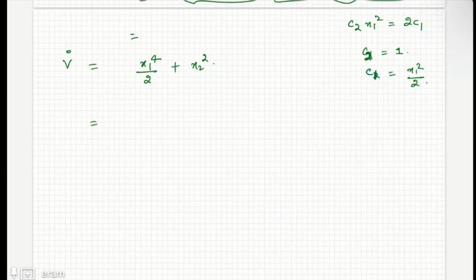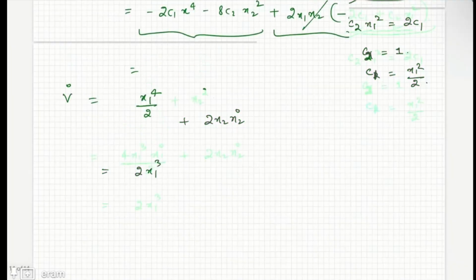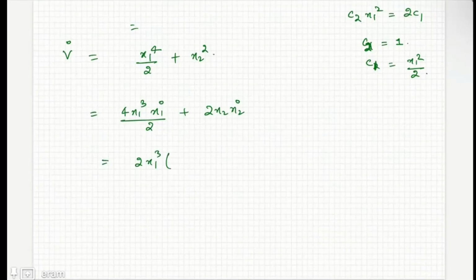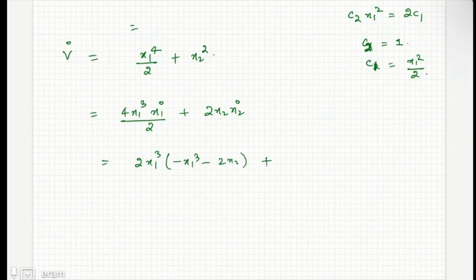Now finding its derivative, we will have 4 x1 cube x1 dot divided by 2 plus 2 x2 x2 dot. Now let's put in the derivatives, so it is 2 x1 cube times x1 dot, which is minus x1 cube minus 2 x2, and 2 x2 times x2 dot, which is minus 2 x1 cube minus 4 x2.